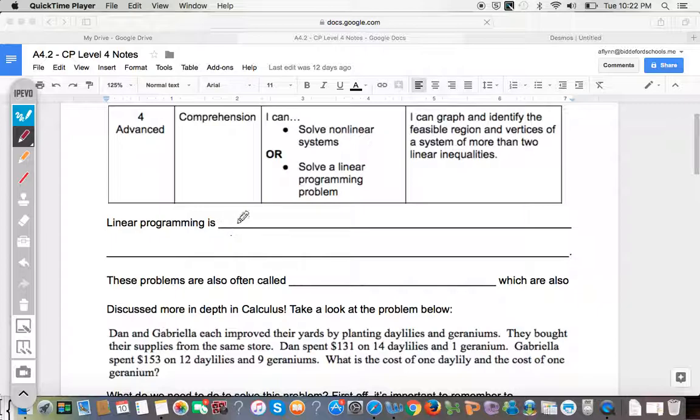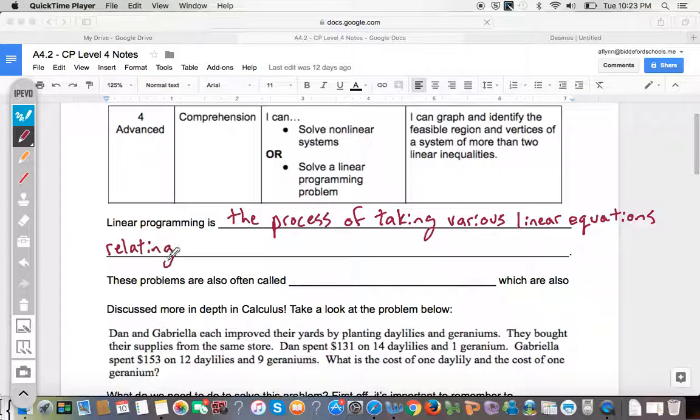Okay, so linear programming is the process of taking various linear equations relating to some situation and finding the optimal values.